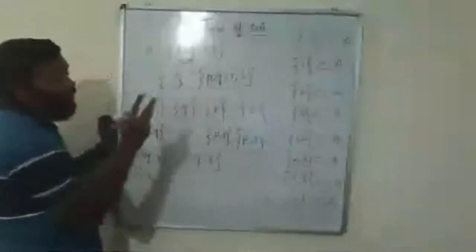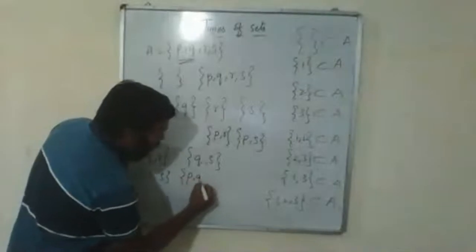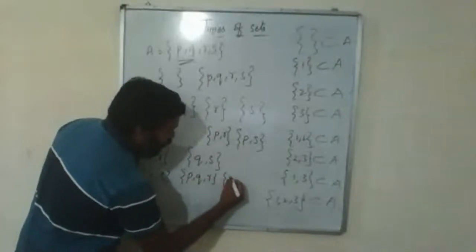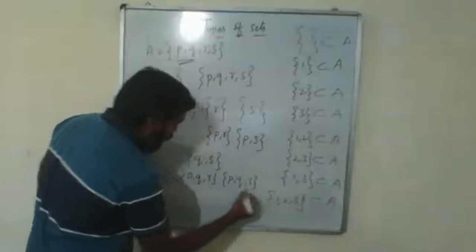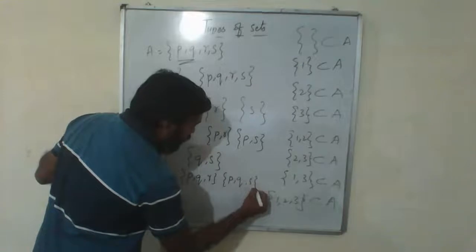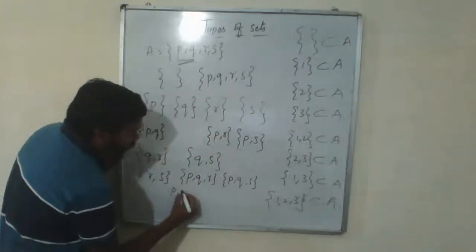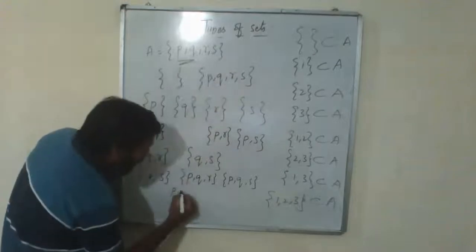Next, we have to consider three elements at a time. That is PQR, PQS, PRS.